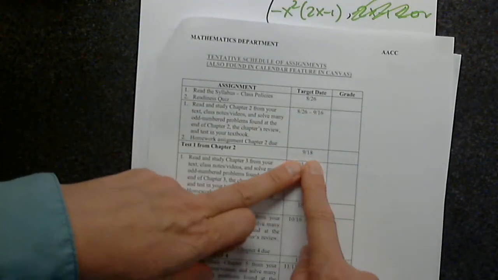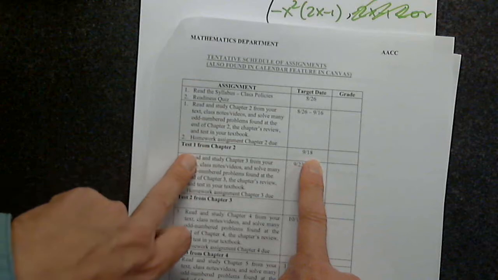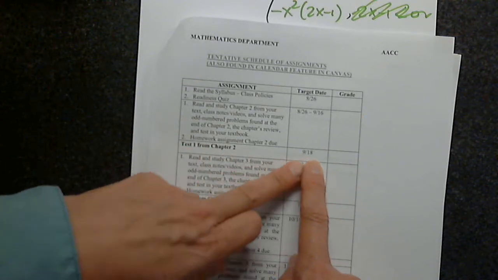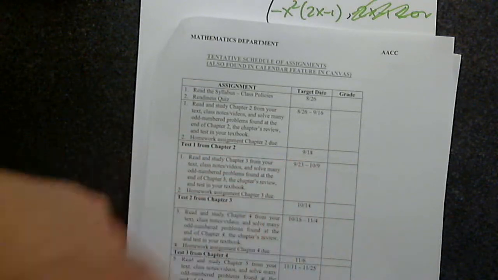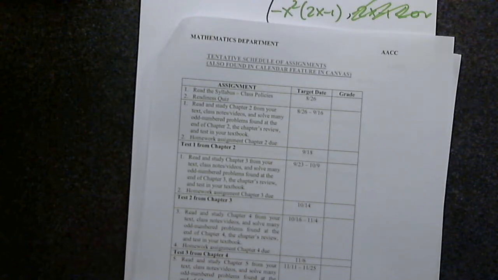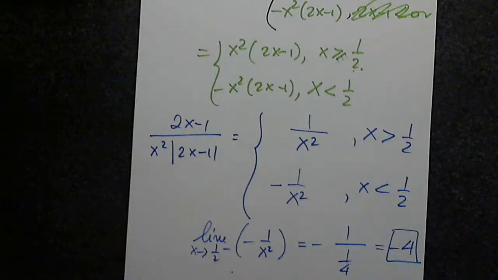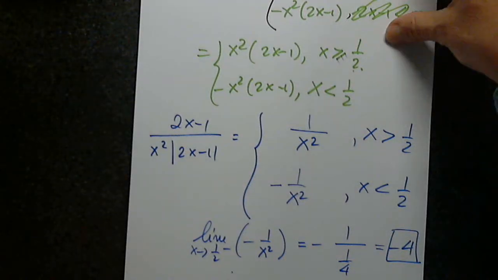So our tentative schedule says test 1 from chapter 2 on the 18th. So I'm trying to make progress. What is it today, the 4th? So it's 2 weeks from today. We'll see if we can. So we only finished 3 sections, and we still have sections including 2.8. So we are moving on to 2.4.